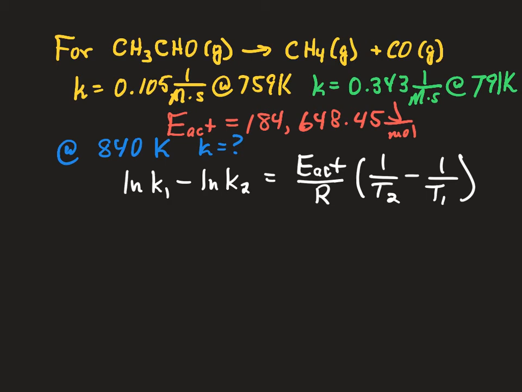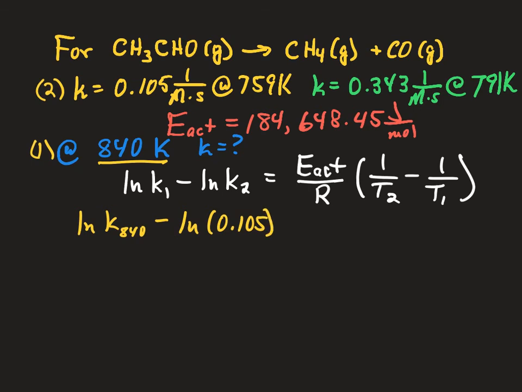And so if we substitute our numbers, since we want to solve for 1, I'm going to make 840 condition 1, just for convenience. So the natural log of our K at 840, minus, and I'm going to pick 759 as 2, the natural log of 0.105.